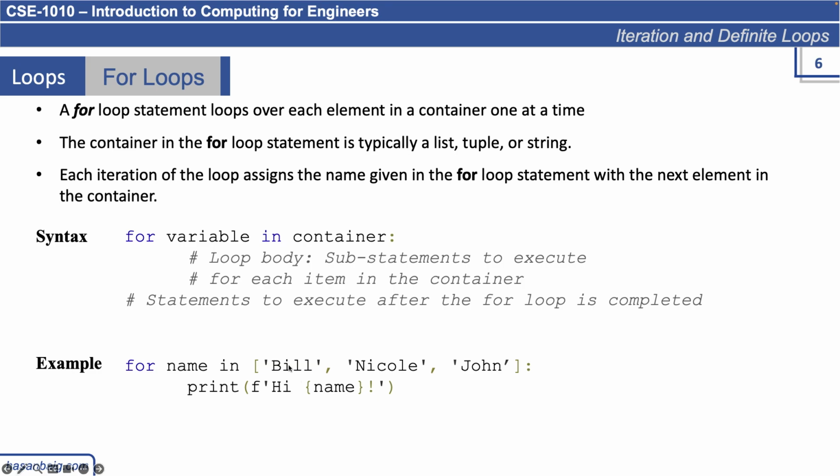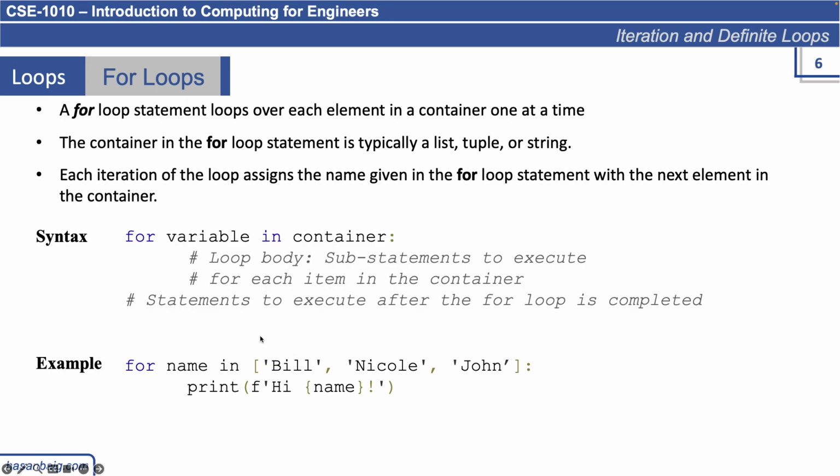Bill, Nicole, John: we have a list container here containing 3 elements. What will happen is that when the for loop runs for the first time, Bill, the first element, which is the 0th index element, will be assigned to the variable name.